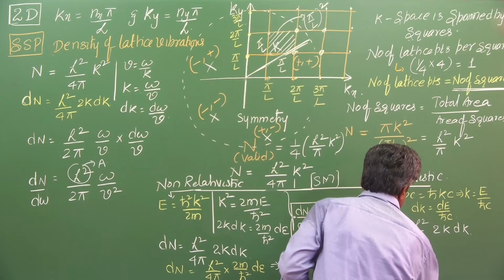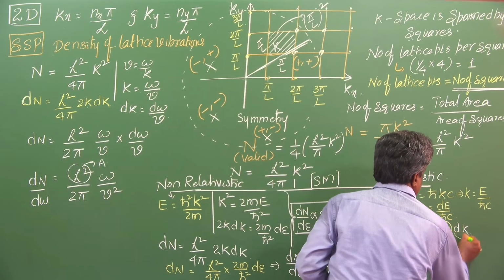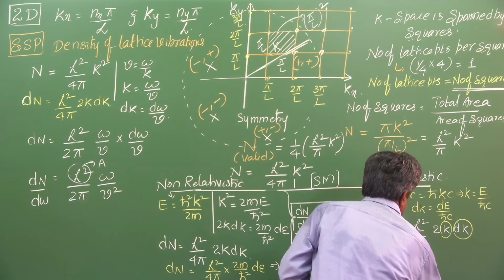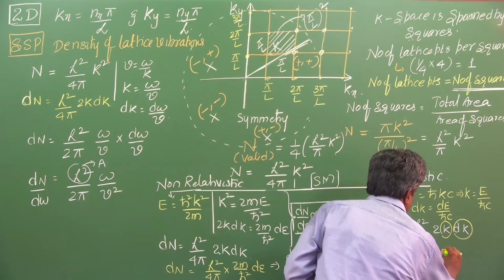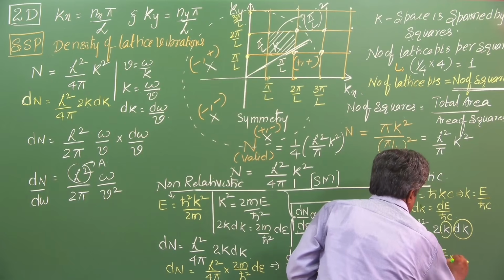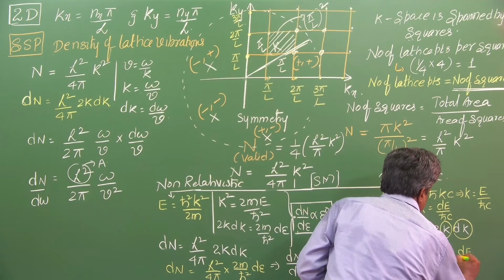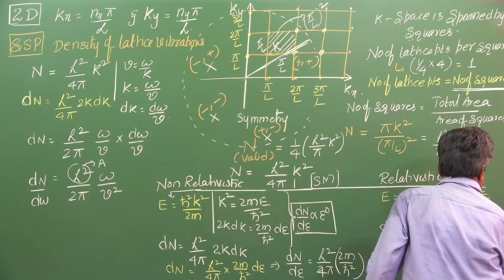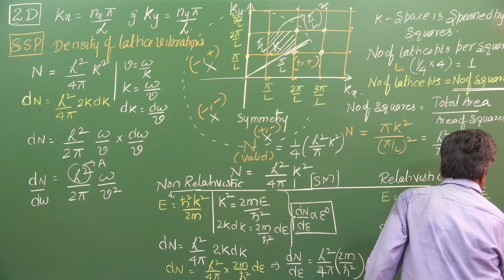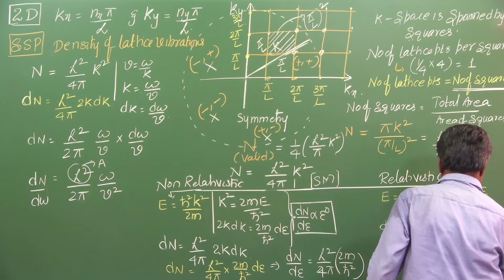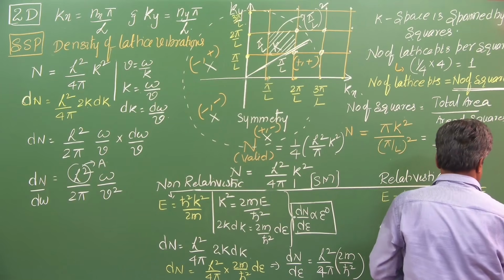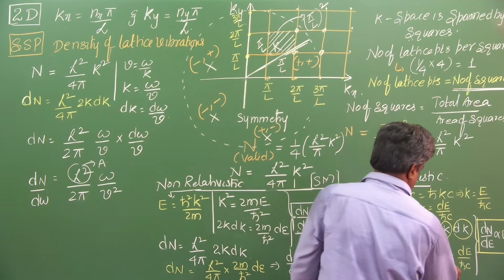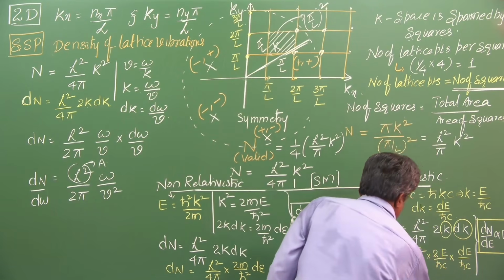Please substitute this k value and dk value. Here is k, here is dk. L square by 4 pi into 2 E by h cross c into dE by h cross c. In the non-relativistic 2 dimension it is proportional to E power 0, but here you will get E power 1. Please simplify; I have written only that one. So h cross c whole square.